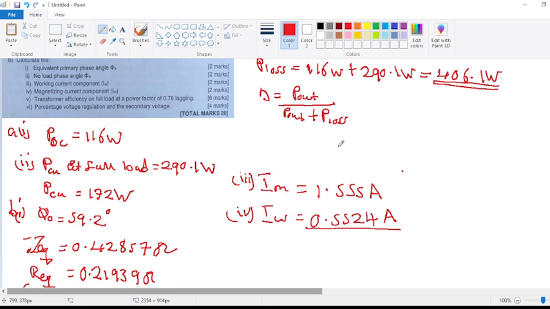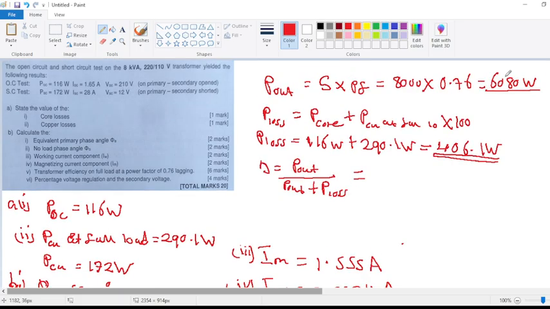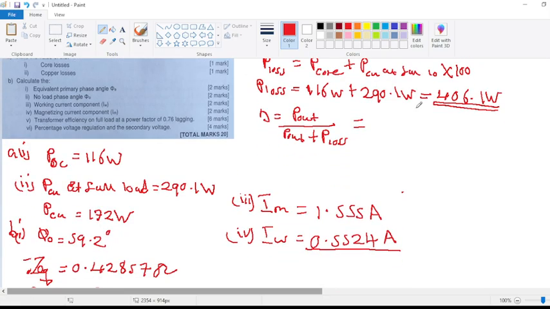So now the efficiency equals the output power we calculated to be 6,080 watts, divided by the output power, 6,080 watts, plus the loss, which is 406.1.